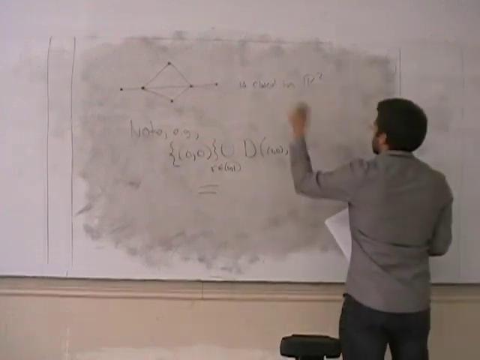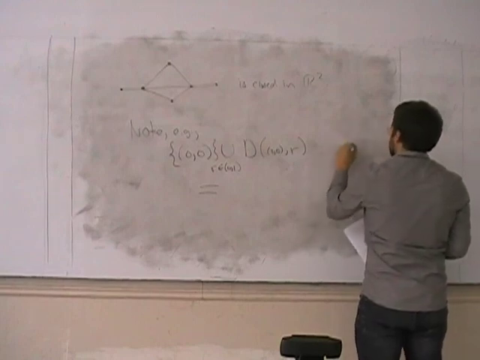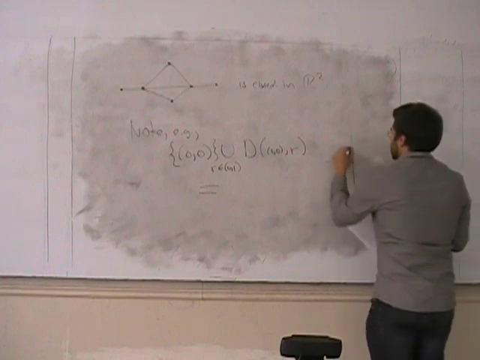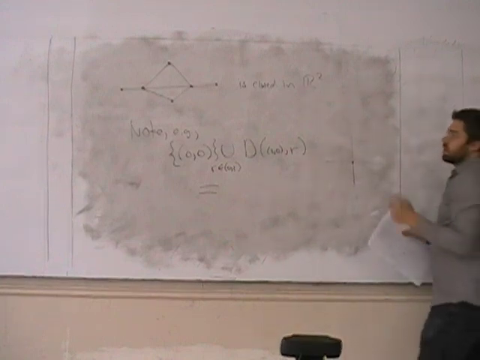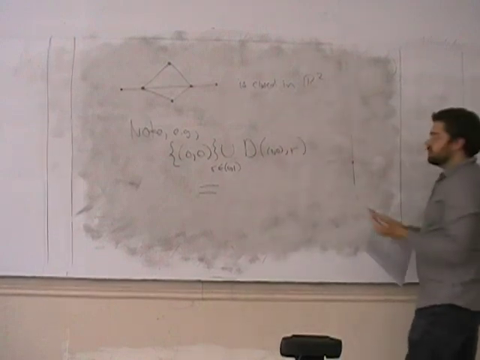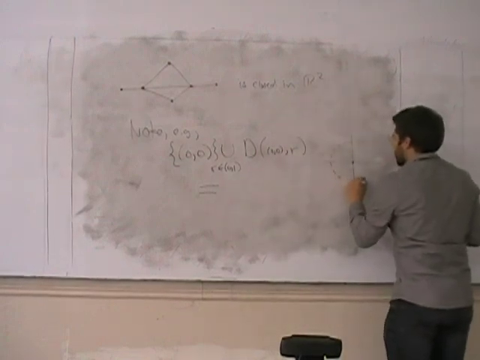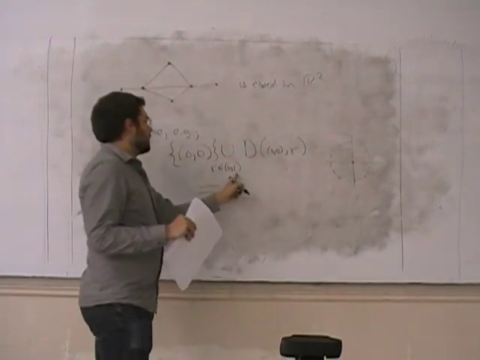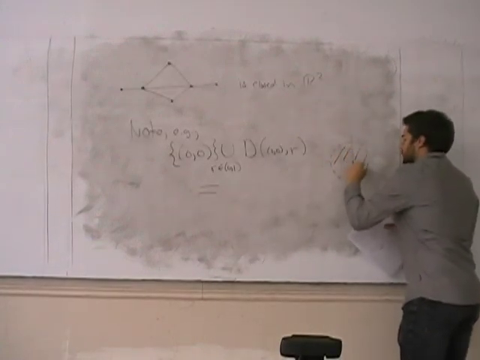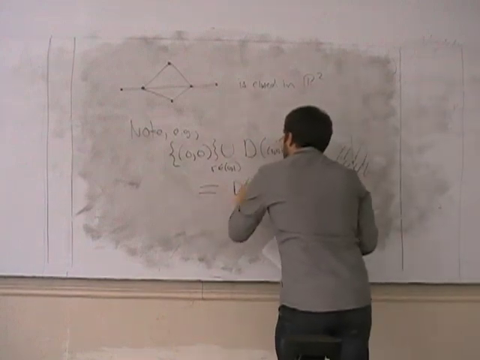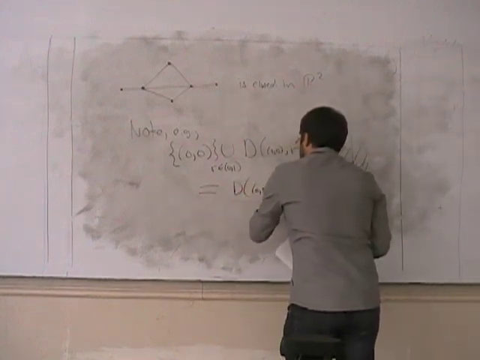So I have the origin, and now I have to take all circles with this radius. The radius can be any number between 0 and 1. So here's where you would have the radius 1, but notice I'm not including 1. But I can use any other radius, so what am I going to get? I'm going to get all points in there. So it's the disk D((0,0), 1).